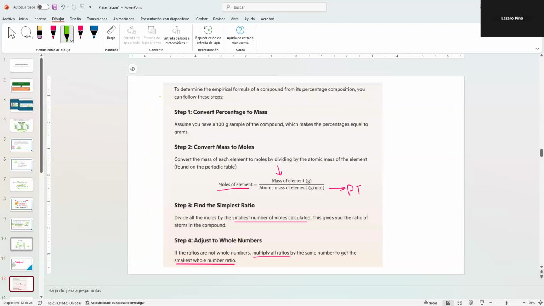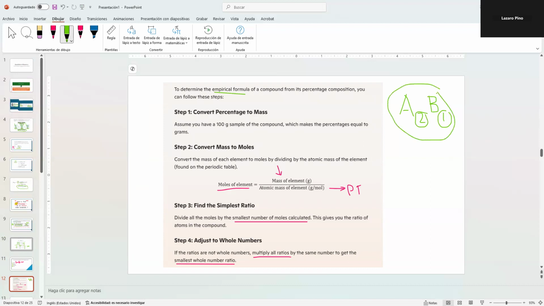The other thing that we are going to study today is to calculate the empirical formula. What is the empirical formula? For example, in a compound like this, A to B, it is the smallest relationship between the atoms of every element in a compound.